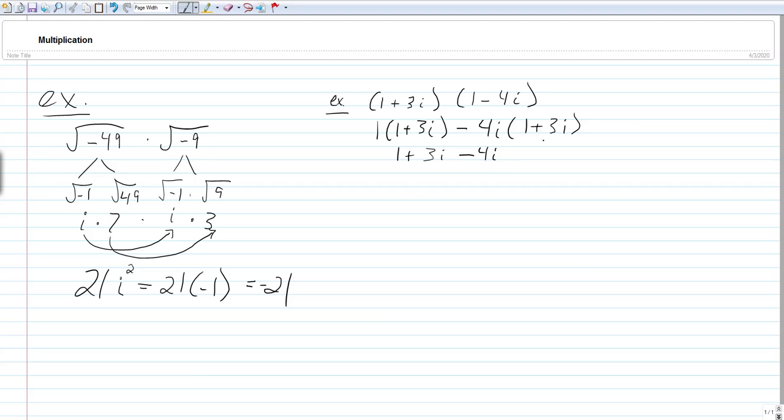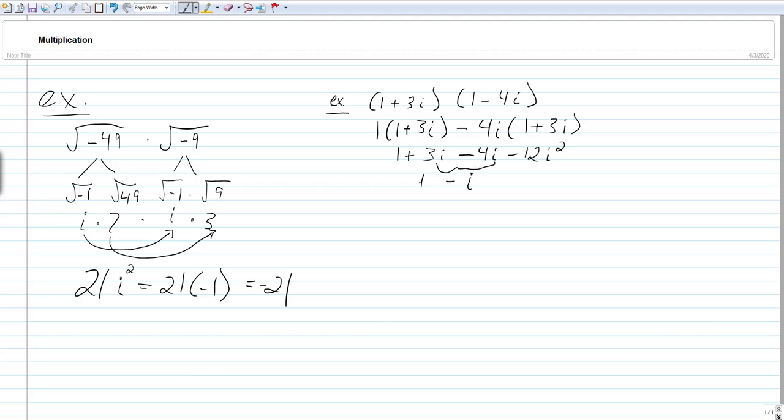And negative 3i times the 3i will give you negative 9i squared. We can combine the two middle terms here, the second and third term, because they both are like terms. 3i minus 3i would leave you with zero.